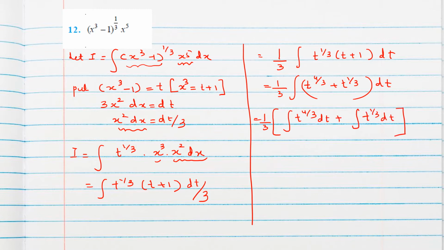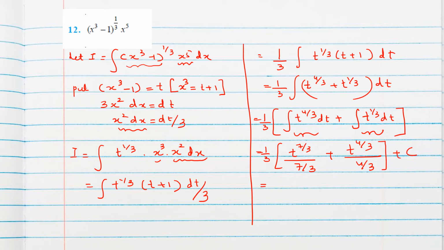For both the integrals we can use the power rule. So t to the power 4 by 3 plus 1 means 7 by 3, divide by the same power. Here also t to the power 1 by 3, add 1 in the power, divide by the same power, plus c.